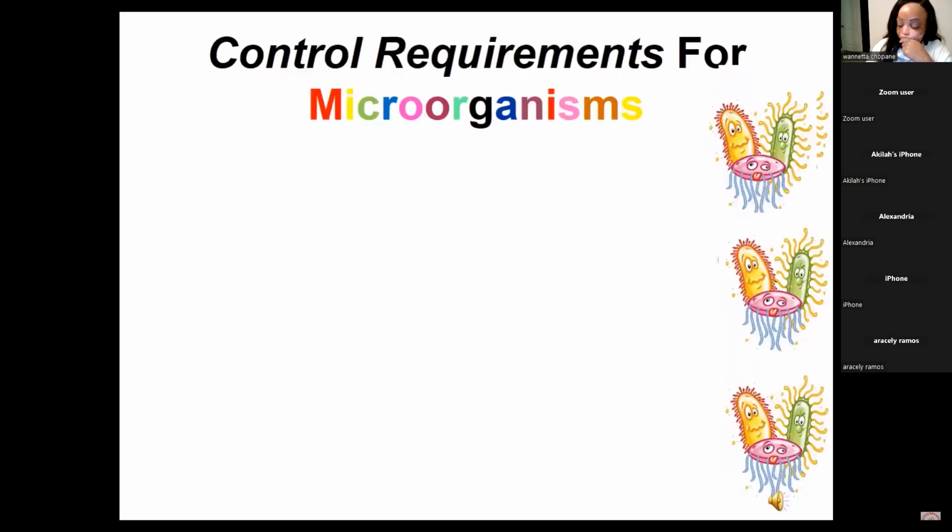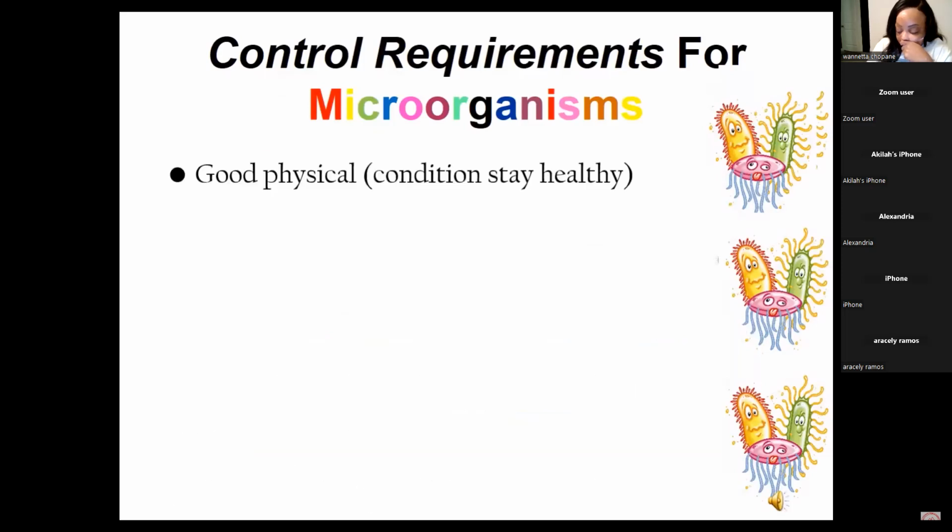So, what are some good control requirements for microorganisms that can prevent them from latching onto you or infecting you? Well, good physical condition and staying healthy is one. If we eat right and stay in good physical shape, that's one way. We can look at a good emotional state. Stress has a lot to do with compromising the immune system.